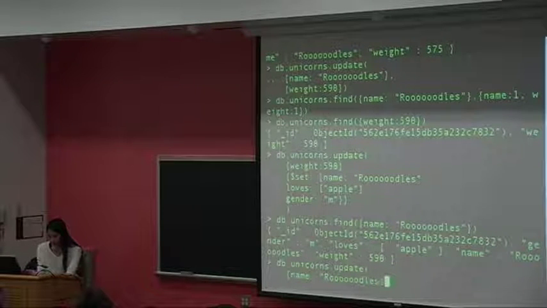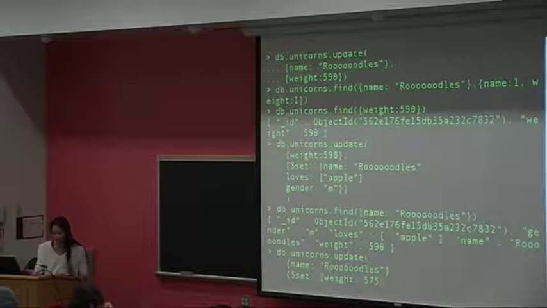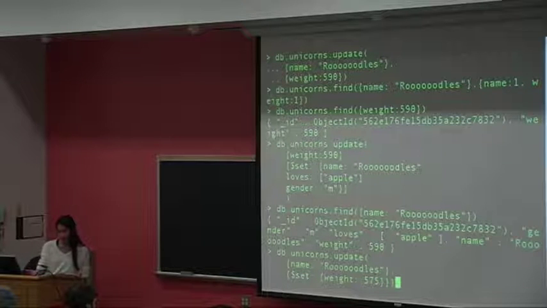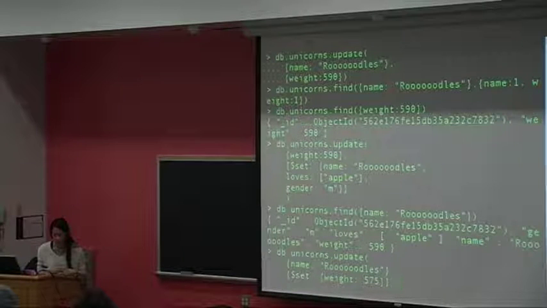And then you say, I just want to directly set the weight to be something. For example, let's say it loses weight again, then we can just do that. So that's the correct way of updating. Just be careful that you don't want to replace the whole thing.